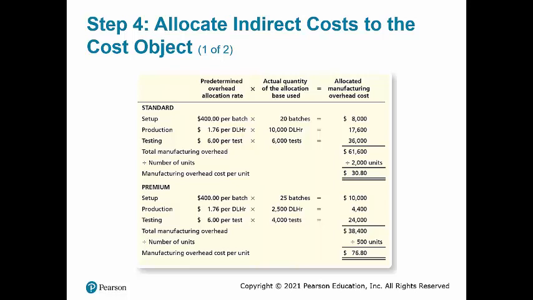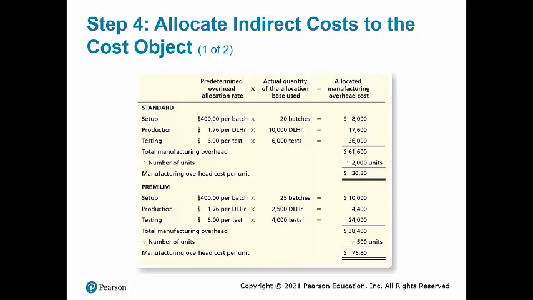For standard, we allocated $8,000 for setup, $17,600 for production, and $36,000 in manufacturing costs for testing. When we add those together, we got $61,600 in total manufacturing overhead. Again, we divide that by the total number of units to be produced, and we got manufacturing overhead costs per unit for the standard tablet of $30.80.